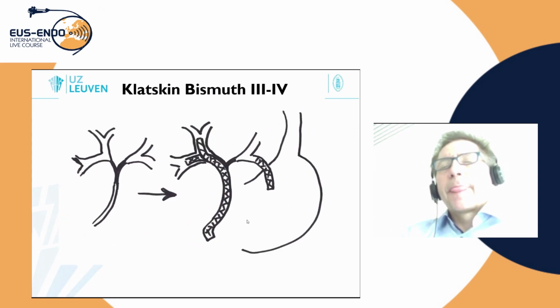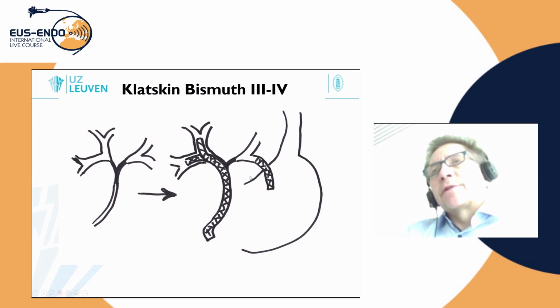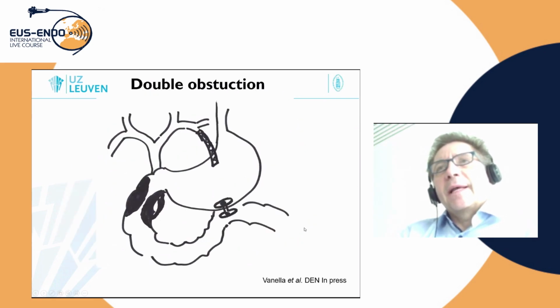obstruction in the future. Or we may even have a scenario like this where we would opt to adequately drain segment 5 and 8 as well as segment 6 and 7 using 2 stents, but opt for also draining the left system to the stomach to obtain complete and adequate biliary drainage to make sure that these patients are adequately palliated.